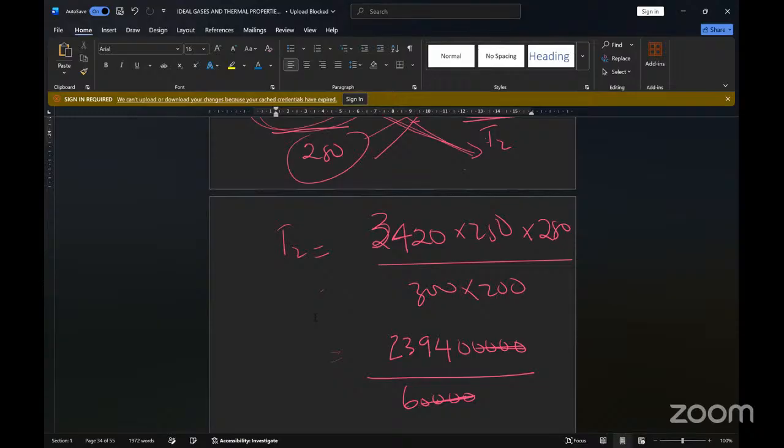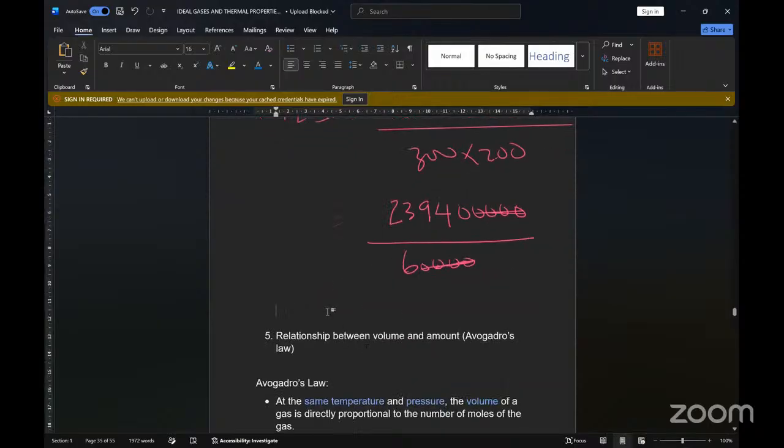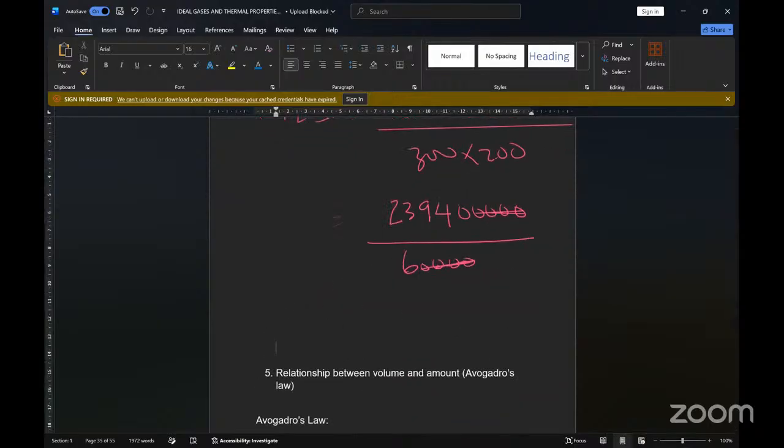So you are going to be left with 2394 divided by 6. And when you divide it by 6, according to my calculation, it is 3990 Kelvin.